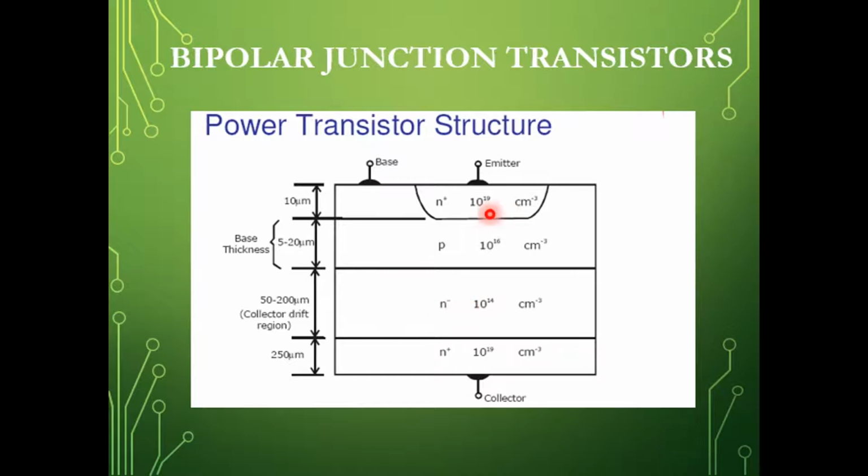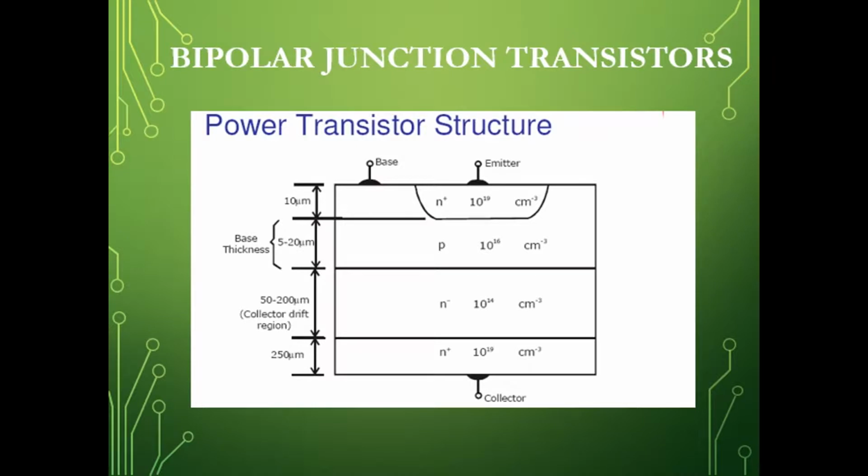So, you can observe we have a highly doped N region which forms the emitter. We have a moderately doped P layer which forms the base, and there is a lightly doped N region which is the collector drift region, and we have the highly doped N region again which forms the collector.